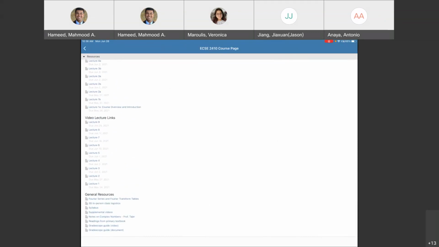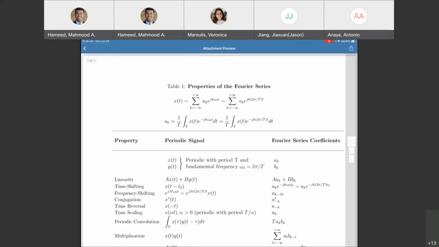On the resources page, the last section is general resources, and this is the table of Fourier series properties, Fourier transform pairs, and Fourier transform properties. When I pull up that page, the second equation that I have is the same one that I was referring to.